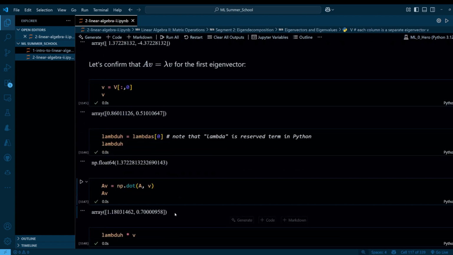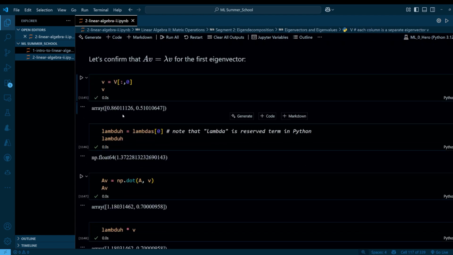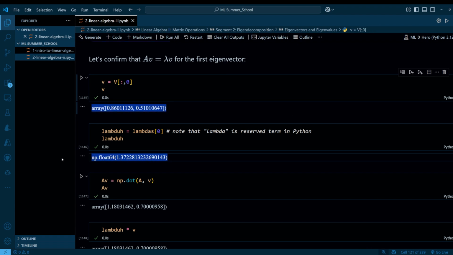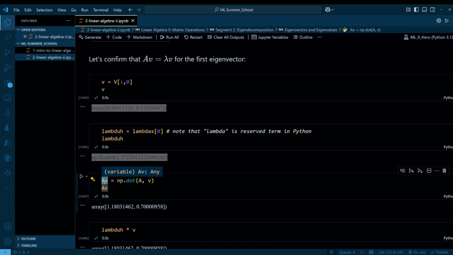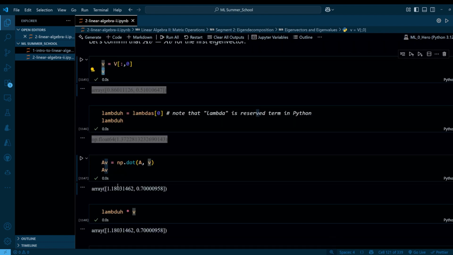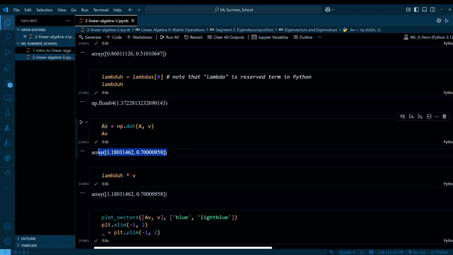Okay, great. So for the first one, we're just trying to look for how it worked. Okay, you see, this is our V. This is the first eigenvector. This is its eigenvalue, and we want to see how it was impacted by multiplying A with this small v, and we got some sort of value.